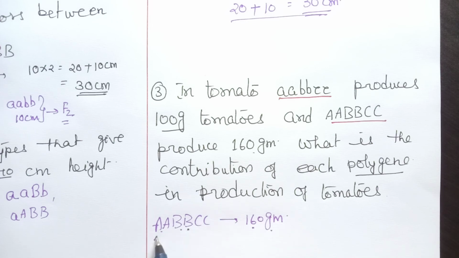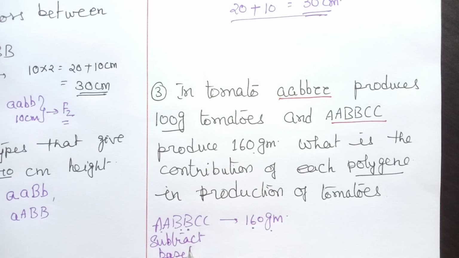So if we subtract the base weight, 160 minus 100, that is equal to 60.